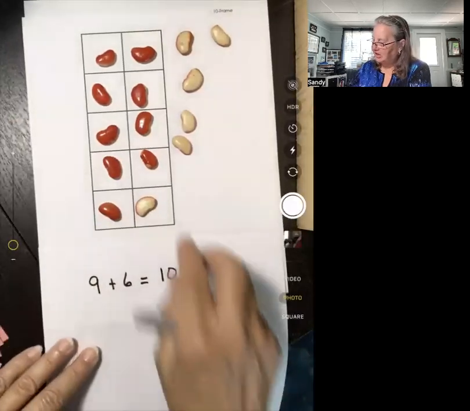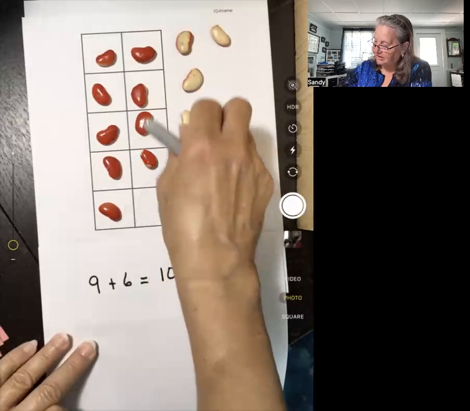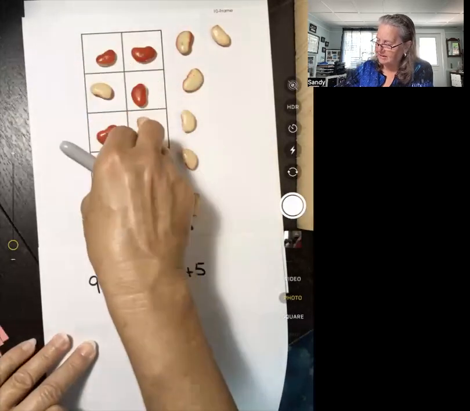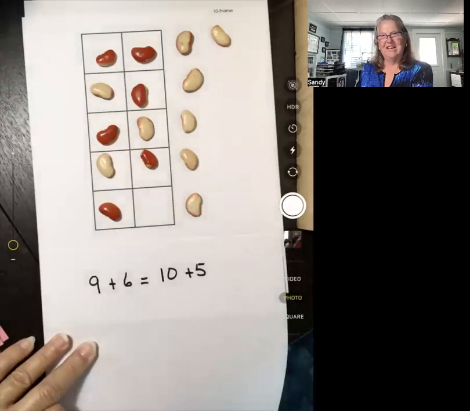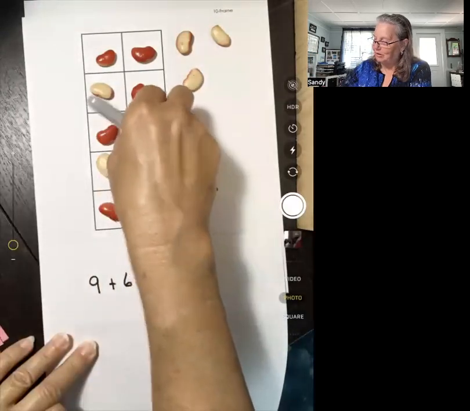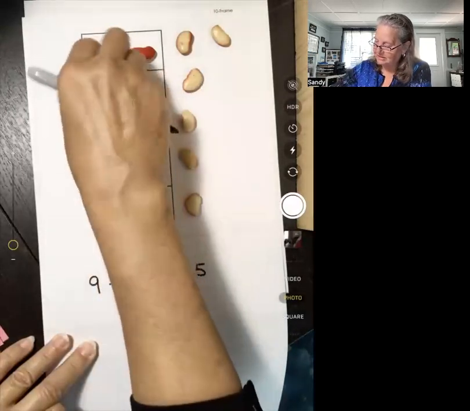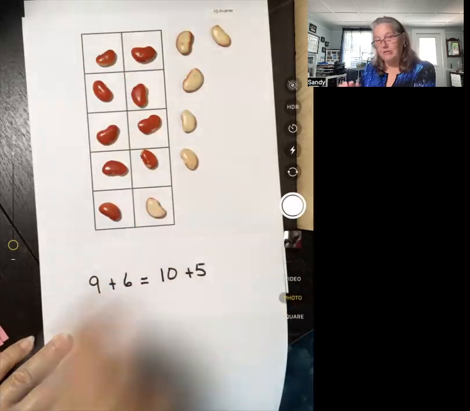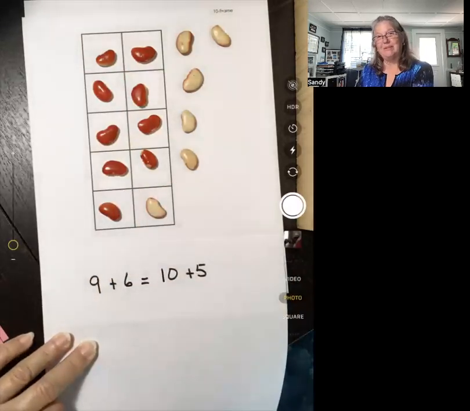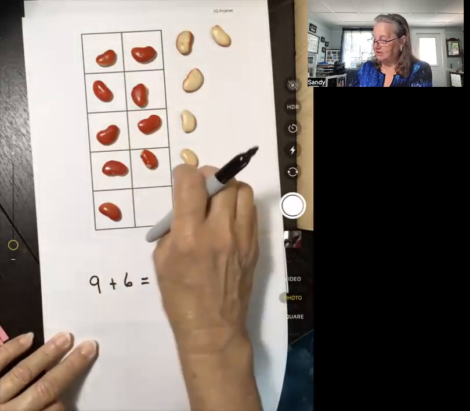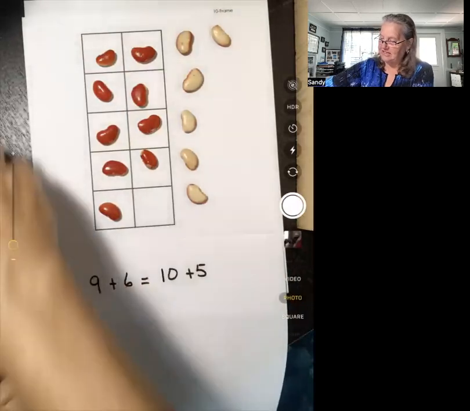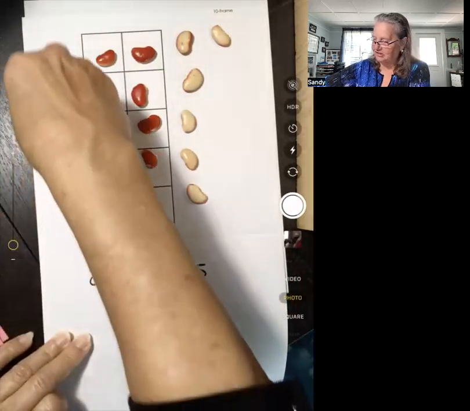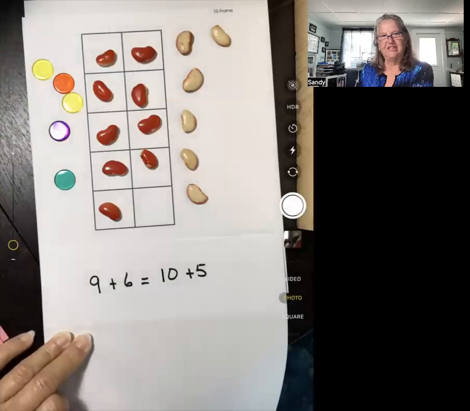Okay, so as we're looking, notice how I don't have just random colors in here, because I want it very clear what my start number was, what happened, how I changed it, how I combined to make the 10. It's purposeful. Think about how this image might be different had I chosen this material to use.